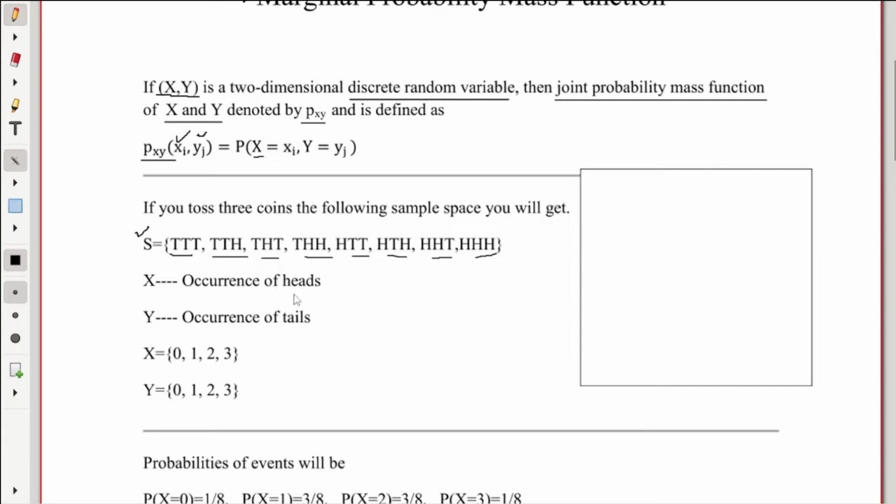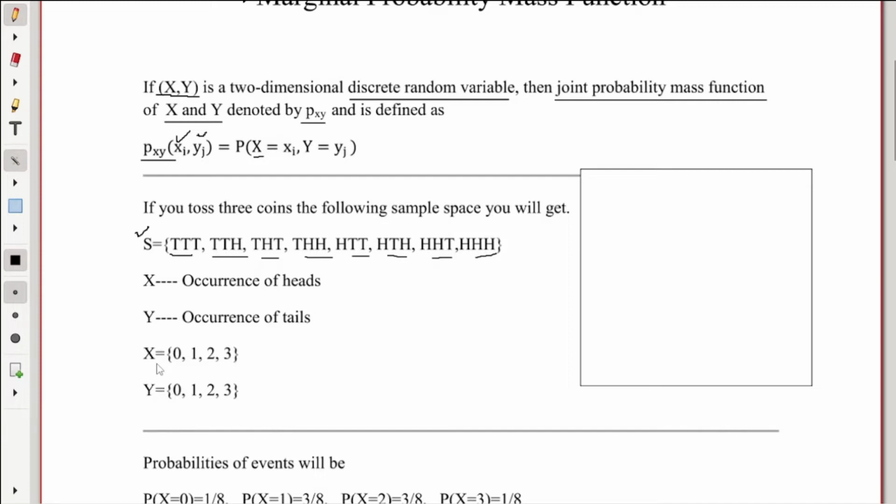Now on this sample space, I am going to define 2 random variables, where X denotes the occurrence of heads and Y the occurrence of tails.